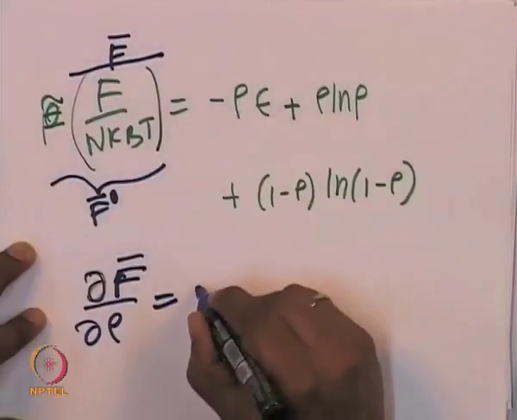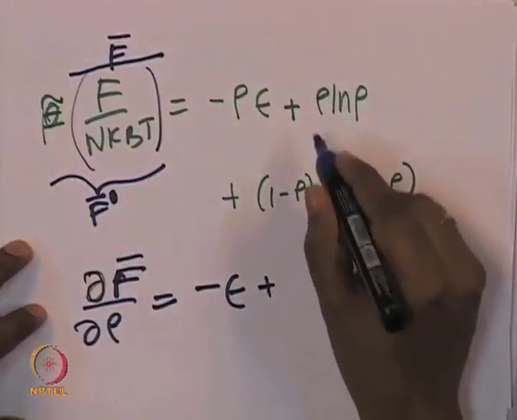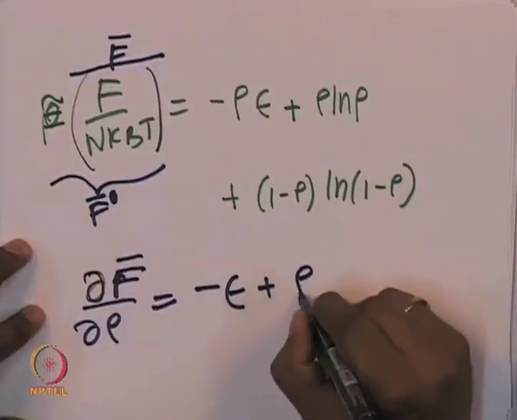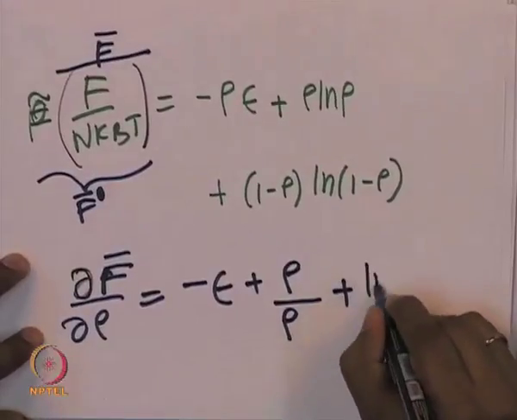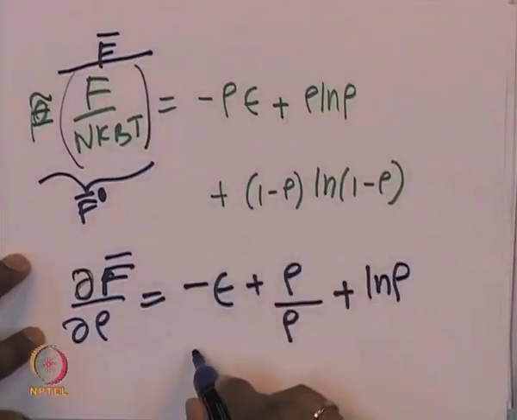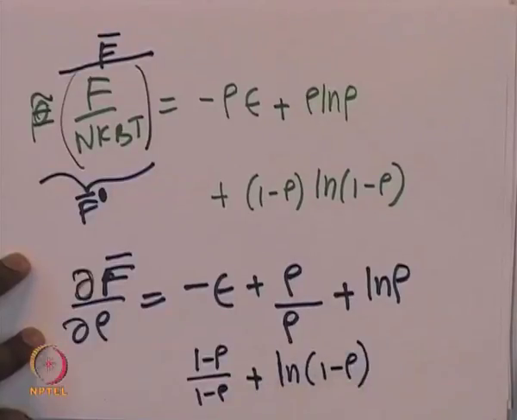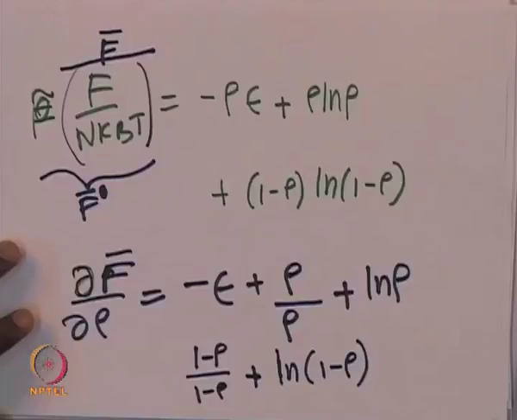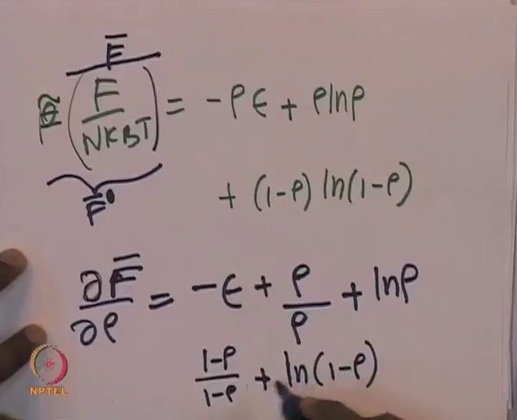The first derivative will be minus epsilon, and rho log rho will have a derivative: rho gives log rho times 1 over rho, plus log rho, because the derivative of rho is 1 and there is a log rho. Similarly here you will have 1 minus rho by 1 minus rho plus log 1 minus rho, and there is a minus sign here, because we are taking the derivative with respect to rho.